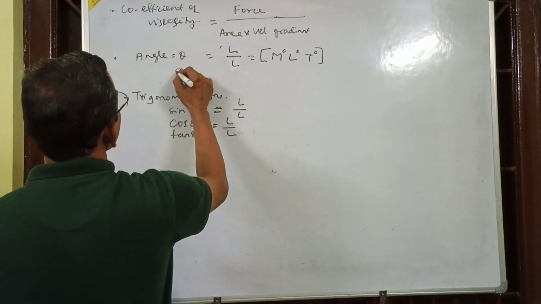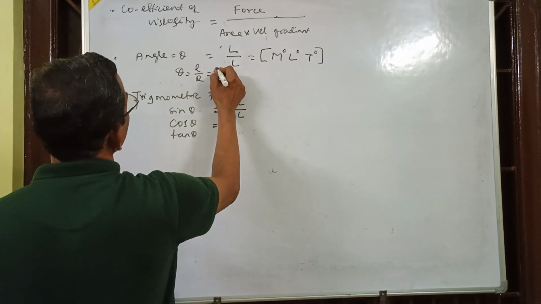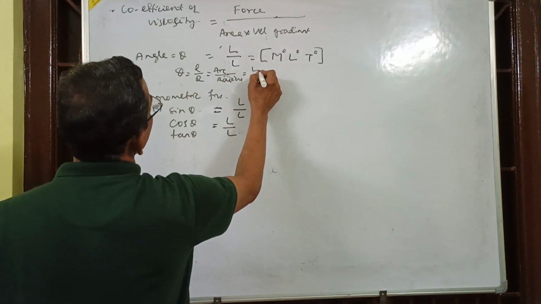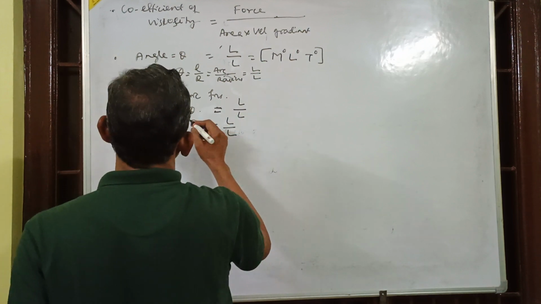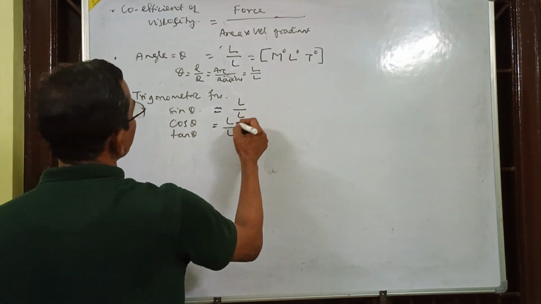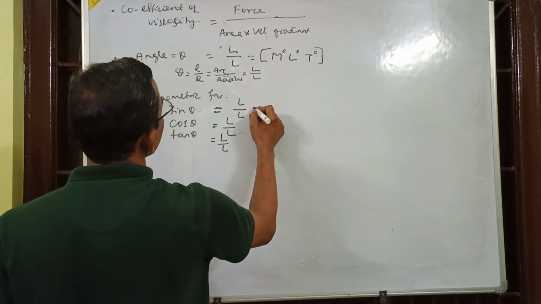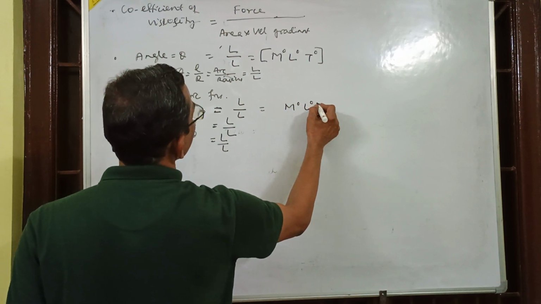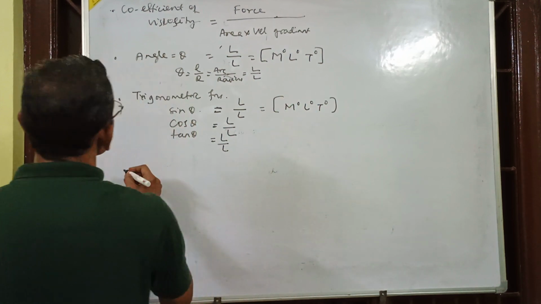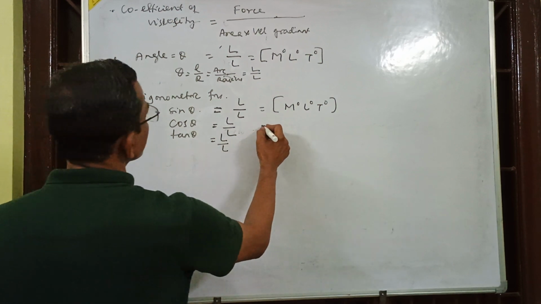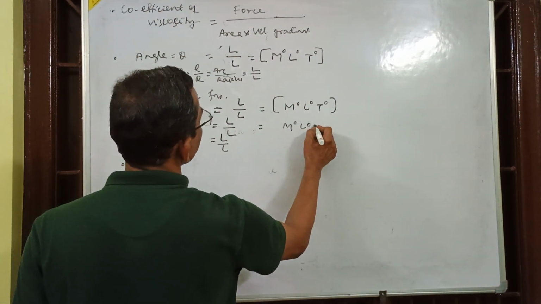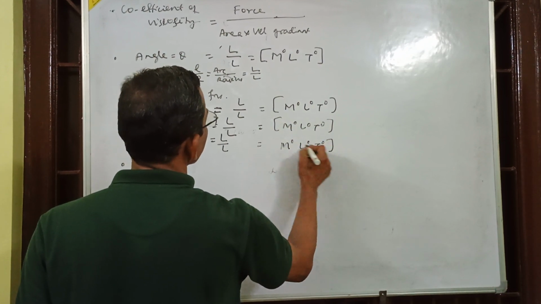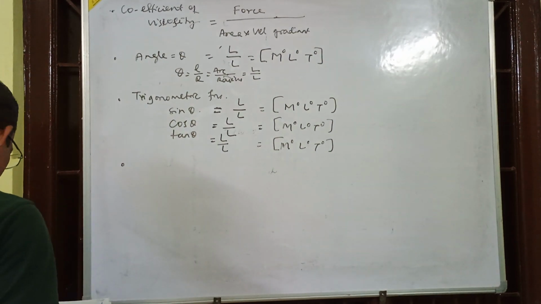This theta is arc L by radius R, L by L. Sin, cos, tan are also length upon length, so they also have dimensions M^0 L^0 T^0.